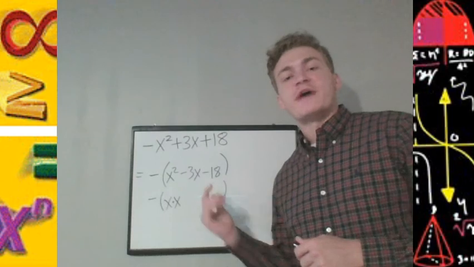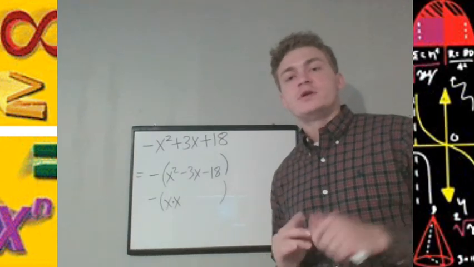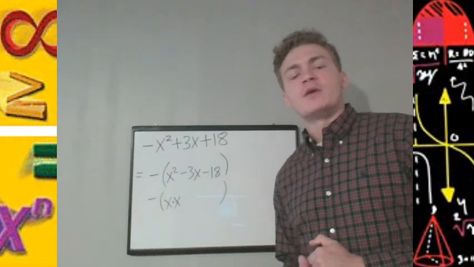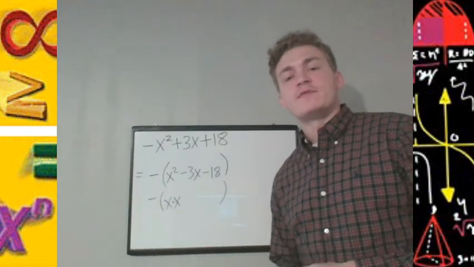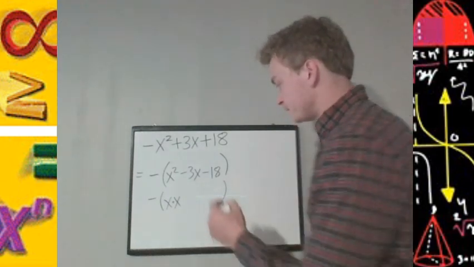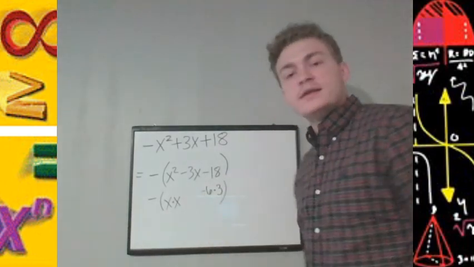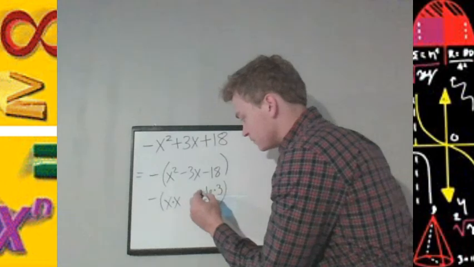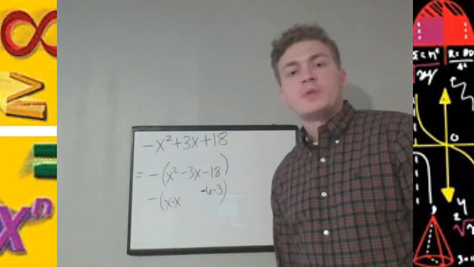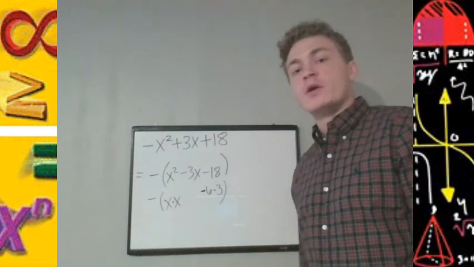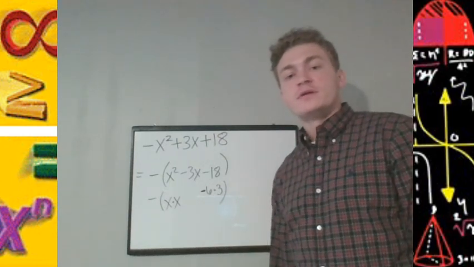So factors of 18: 1 and 18, 2 and 9, 3 and 6. Which of those can combine in such a way to give us a negative 3? Negative 6 times 3 is negative 18. Negative 6, when combined with a positive 3, is negative 3.